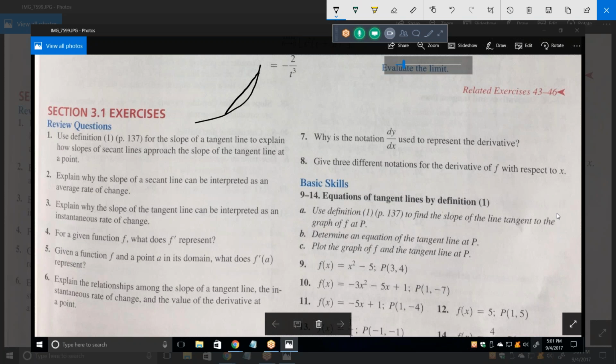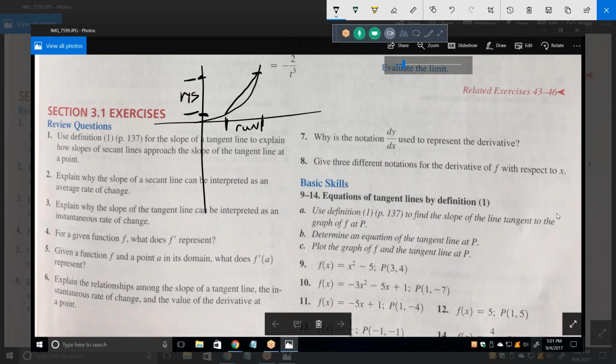If I asked you, let's put a grid on here, and I said, figure out the slope of that secant line, you would figure out this value minus that value, that's the rise, and the run would be that. Okay? And so you would take rise over run. So the slope of that secant line is the same as the average rate of change.